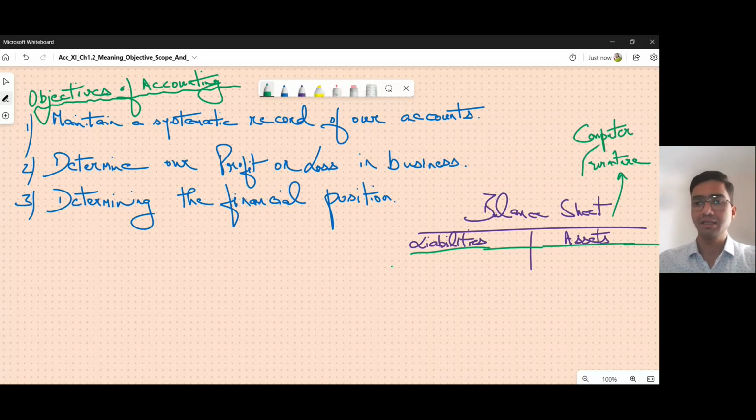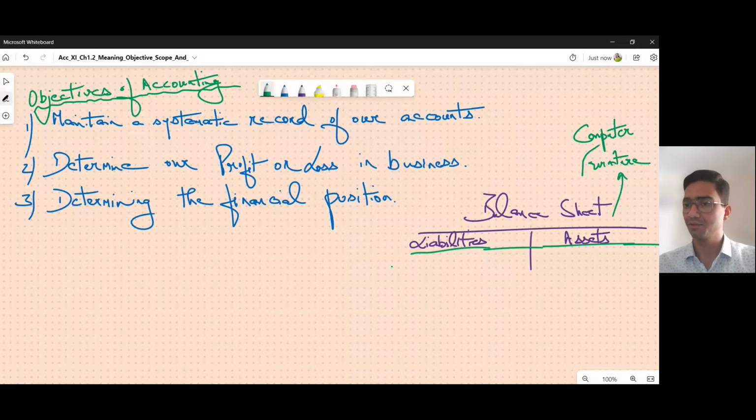You've paid some money, purchased furniture for the office, purchased a computer for the office. All these are in terms of money which you paid, and later on they are going to give you a benefit. All these assets will give you a benefit.